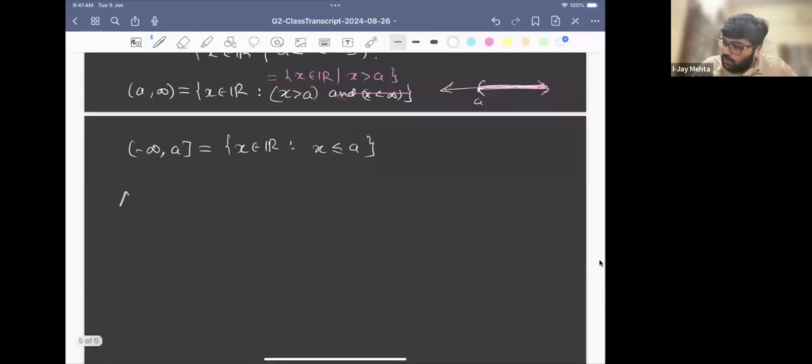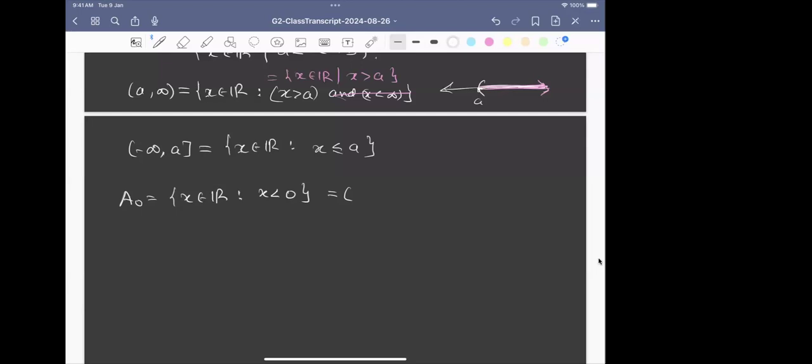So this set, let me call it A0. It is the set X belongs to R such that X is less than 0. We discussed this is nothing but an interval. What is this interval? Sumit, what is this set?